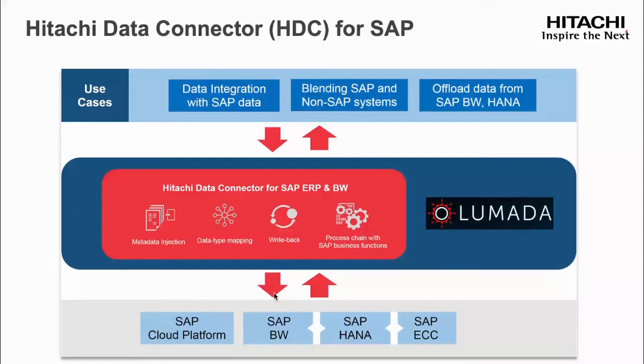Some of the things are automated, for example, data type mapping. Usually when you extract data from an SAP system, you need to take care of the data types. This is something that we can do automatically. And we can also query complex and nested SAP structures from Pentaho. So many things that will ease your life.